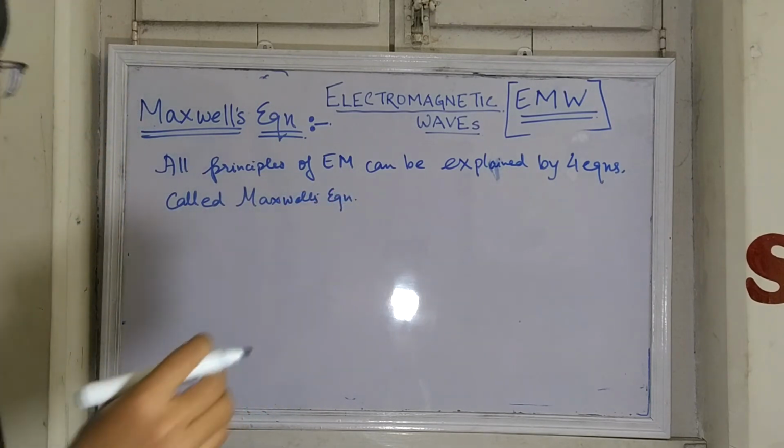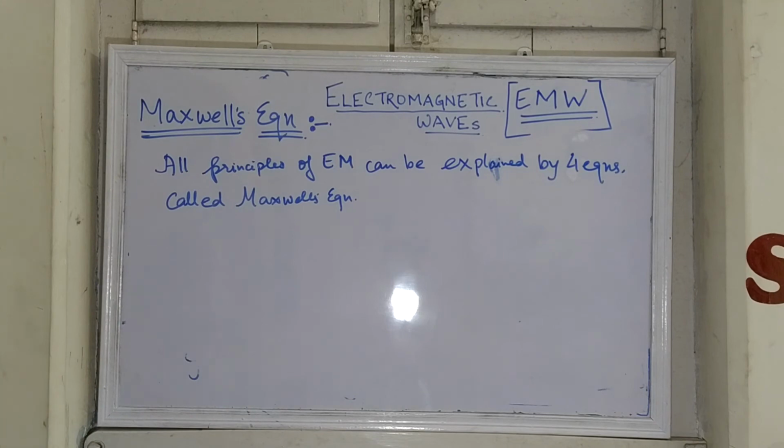Now you have to keep in mind that the upcoming 4 equations, yes, I will write the 4 equations just now, were not discovered by Maxwell. These were discovered by some other scientists, famous scientists rather. Maxwell did not discover any of the 4 equations, but all the basic principles of electromagnetism can be explained by these four fundamental equations which define the entire electromagnetism.